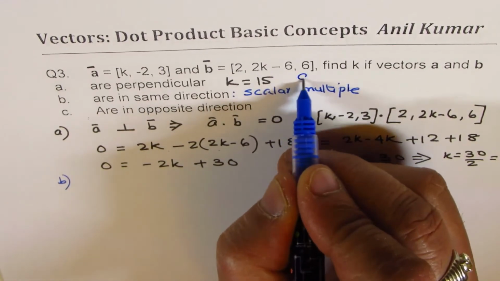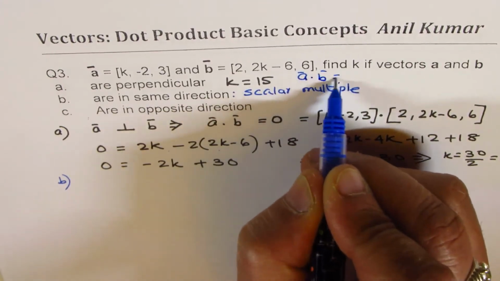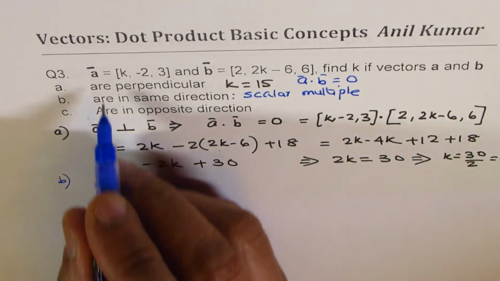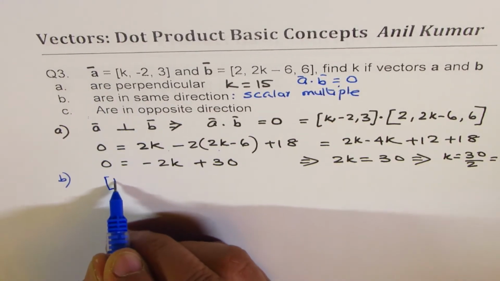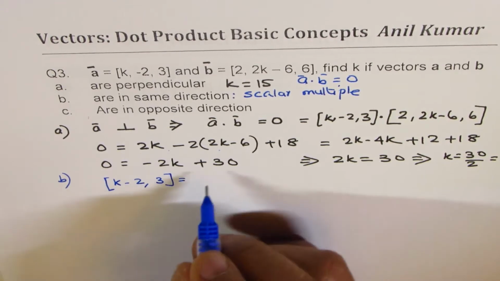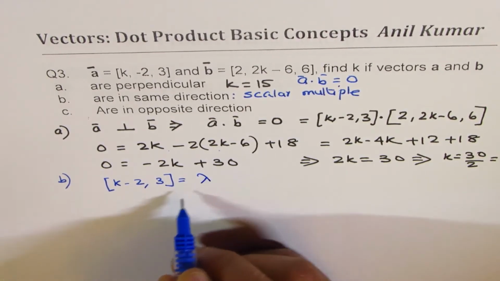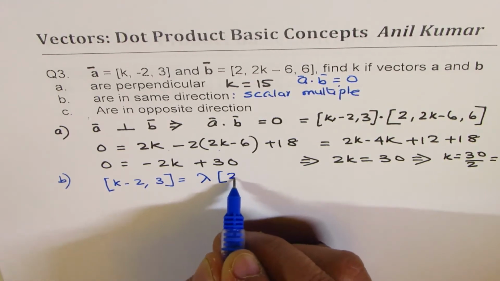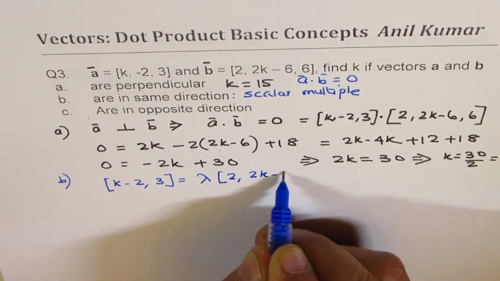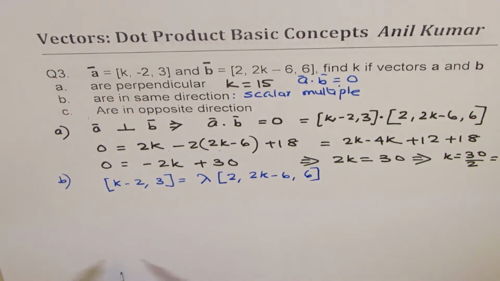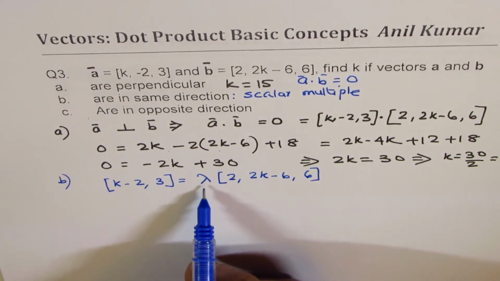In the first case, we said A dot B should be equal to 0. So scalar multiple means that vector A, which is (k, minus 2, 3), should be equal to some scalar times, we are using lambda, (2, 2k minus 6, 6). Let's find the value of lambda.